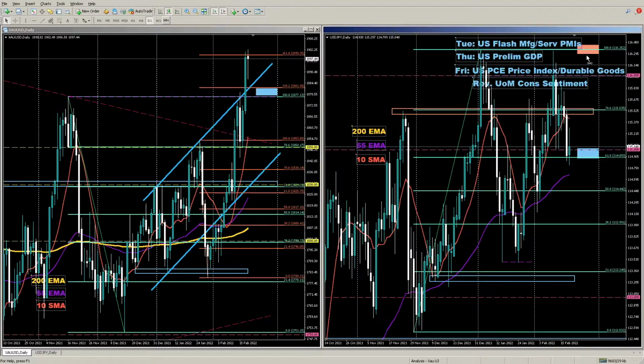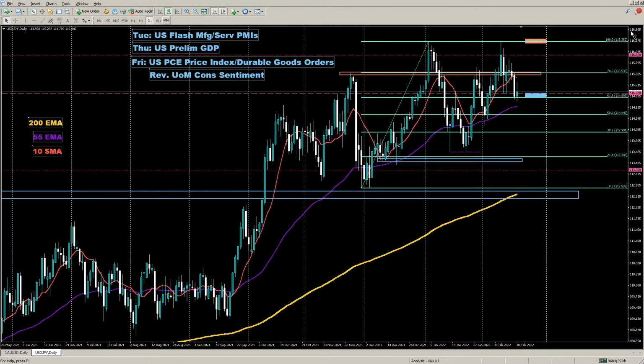Let's move on to dollar yen, another safe haven currency pair with the Japanese yen being bought up as well, and that's driving the dollar against the Japanese yen lower.